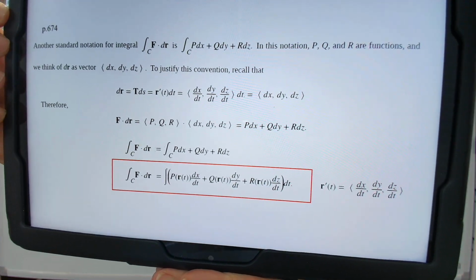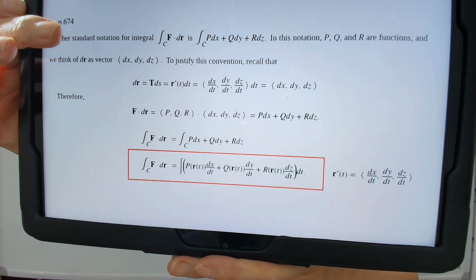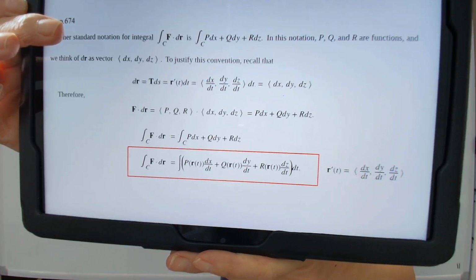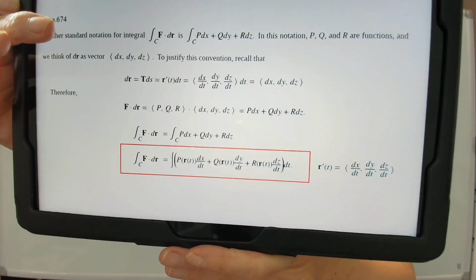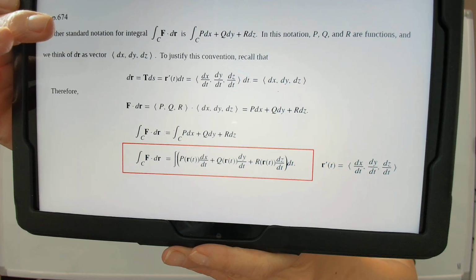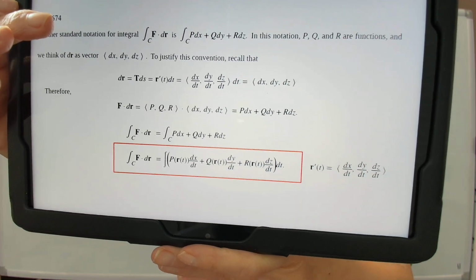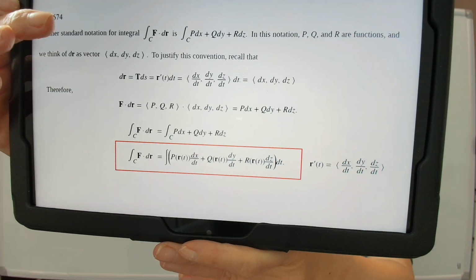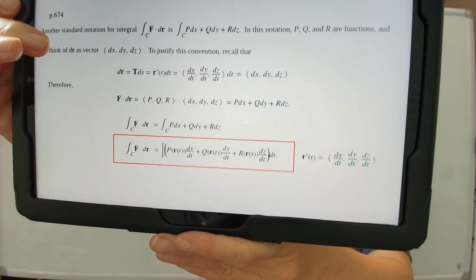Anyway, so here is what happens: the integral of F dot dr is sometimes written as the integral of P dx plus Q dy plus R dz. The reason for that is, well, first let's mention that P, Q, R are the component functions of F. And then dr is represented as dx, dy, dz, the vector.